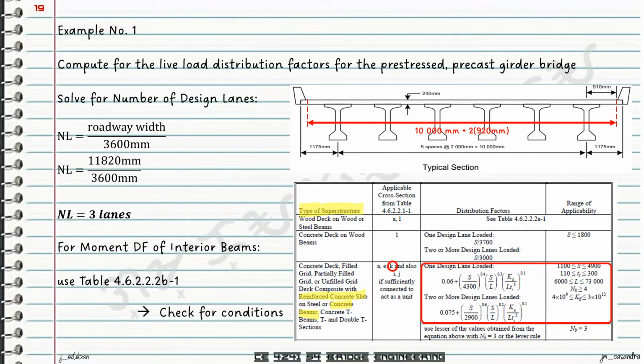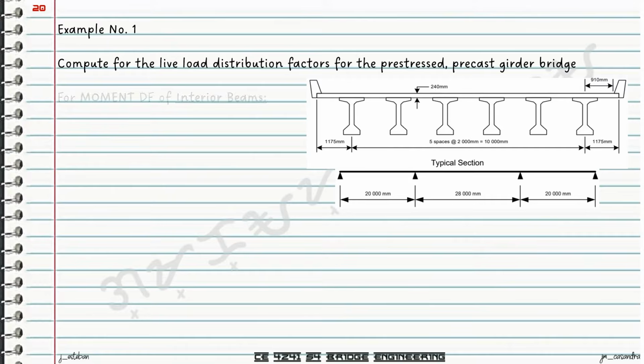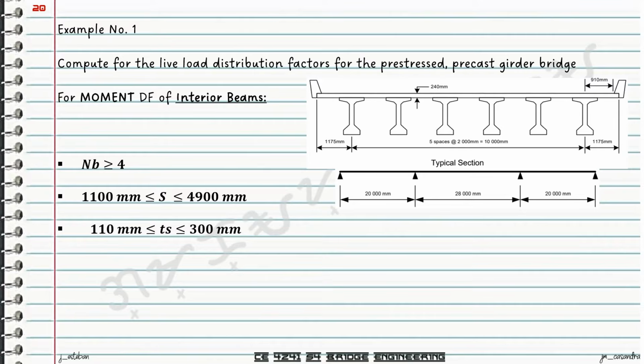So with this, we now check for our conditions. For the moment distribution factor for interior beams, the conditions are that the number of beams should be greater than or equal to 4. The spacing between the stringers should be within 1,100 millimeters and 4,900 millimeters.